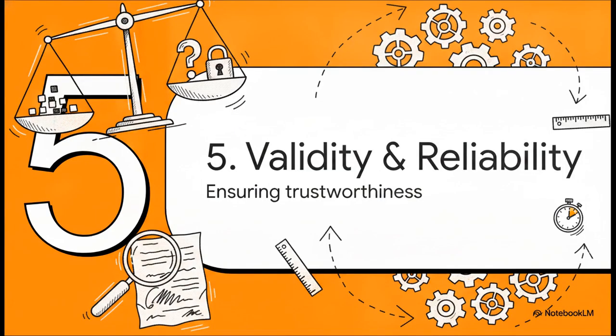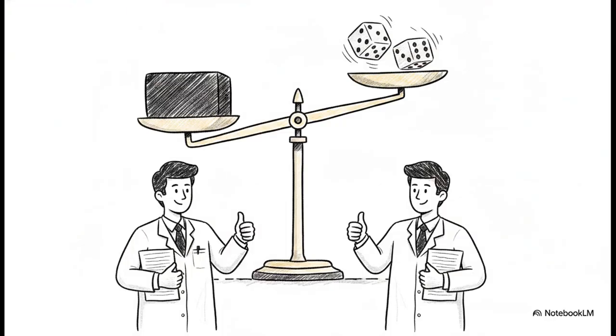Bringing us to our final section, Section 5, Ensuring Validity and Reliability. We've gathered all this quantitative data and text analysis, but what steps actually ensure our methods are trustworthy? Because, let's face it, if our instruments are flawed, our numbers are completely meaningless. Let's tackle reliability first, which basically just means consistency. If you're doing a content analysis with multiple coders, you can't just use simple percentage agreement to see if they match.